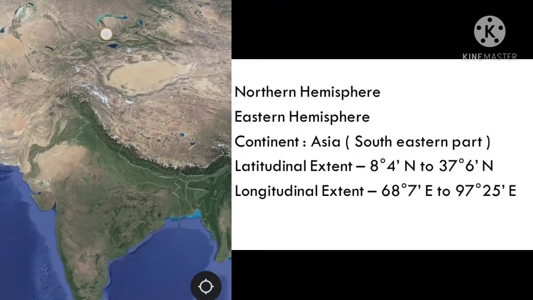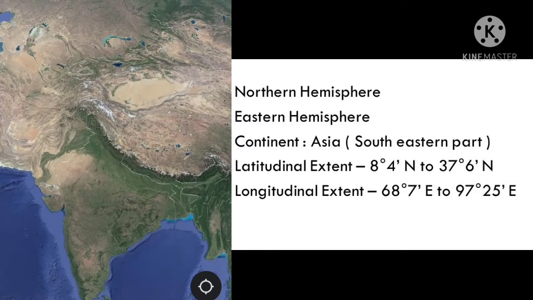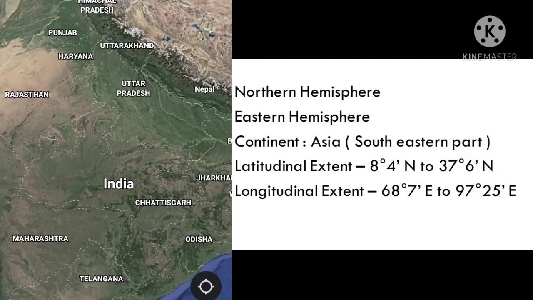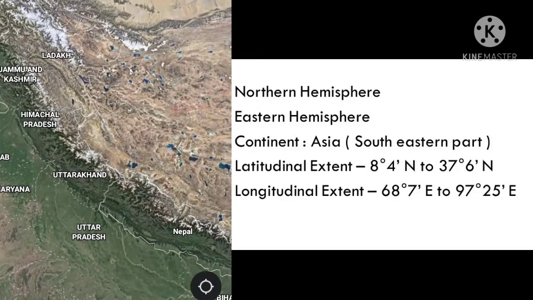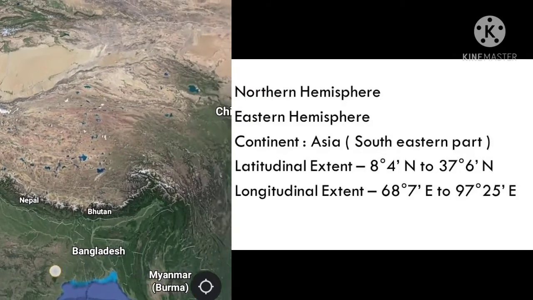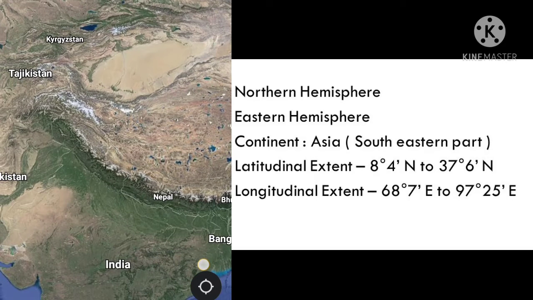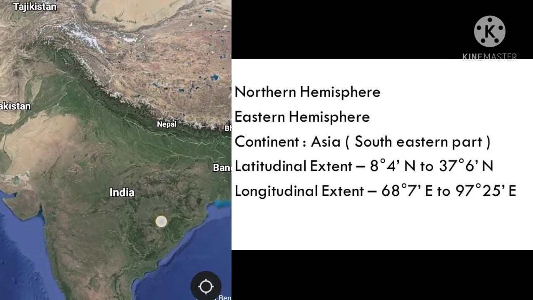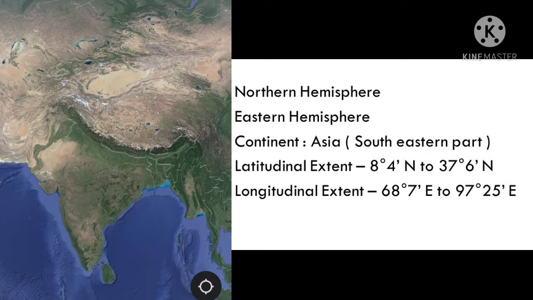If we go through the location of our country, the mainland of India extends from 8 degree 4 minute north to 37 degrees 6 minute north latitude and 68 degree 7 minute east to 97 degree 25 minute east longitude. The longitudinal stretch begins from Kanyakumari in the south to Indira Col in the north, and Sir Creek in the west to Dipu's Pass in the east.